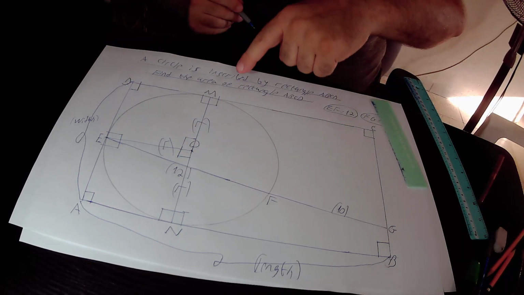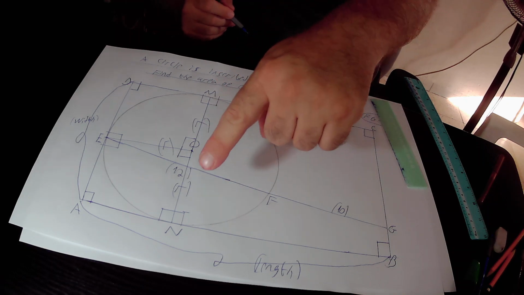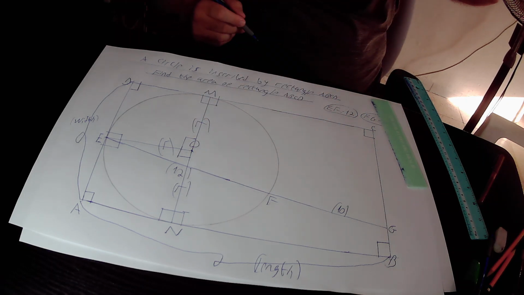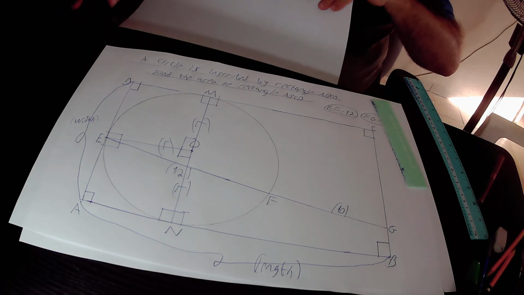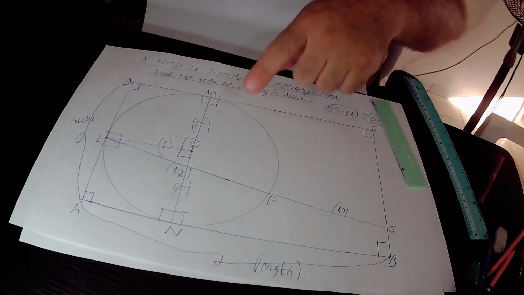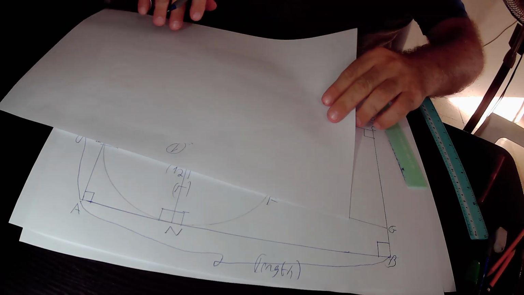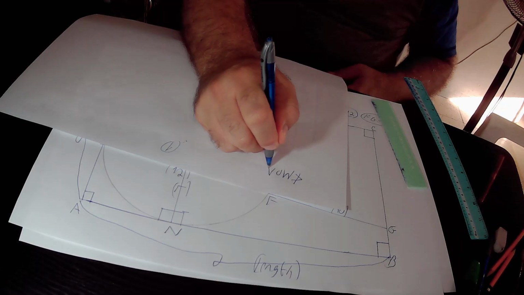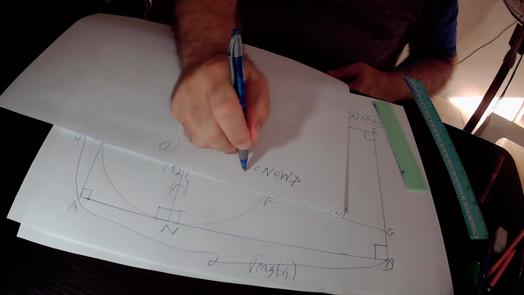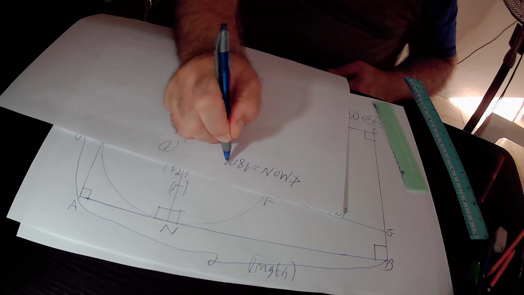So actually the big angle MON is equal to 90 degrees plus 90 degrees, that is 180 degrees. So the big angle MON is equal to 180 degrees in its size.